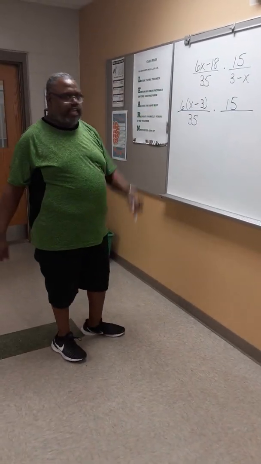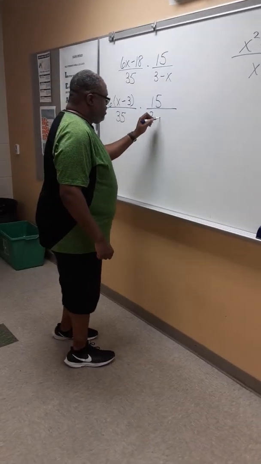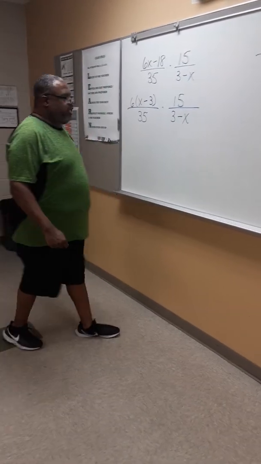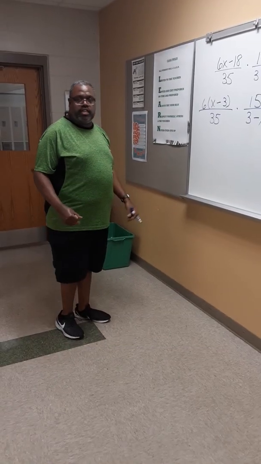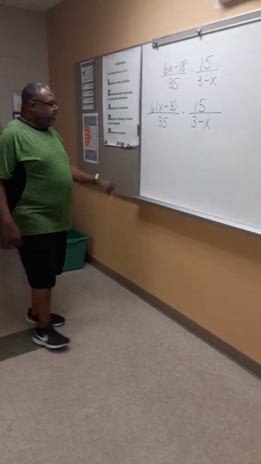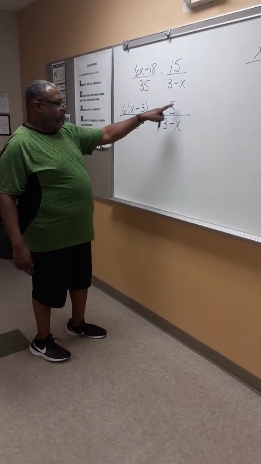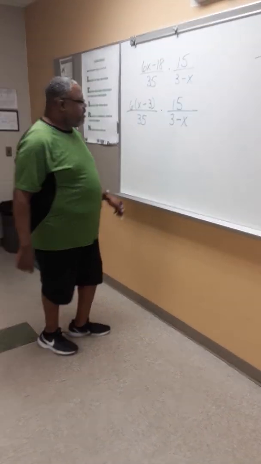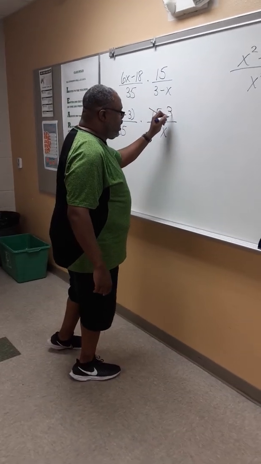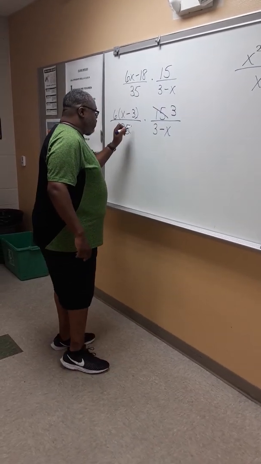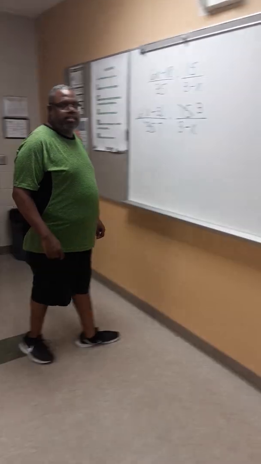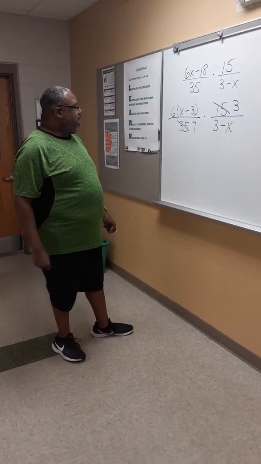And the 3 minus x is on the bottom. Okay, so now I can start reducing things. 35 and 15, I can reduce that by 5. So 5 divides 15 3 times, 5 divides 35 7 times.